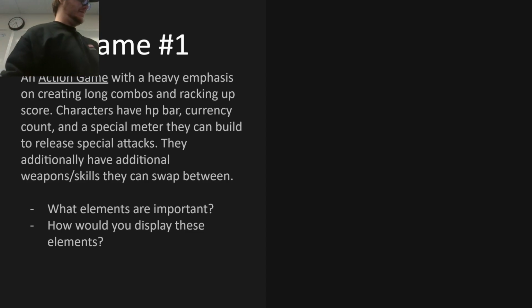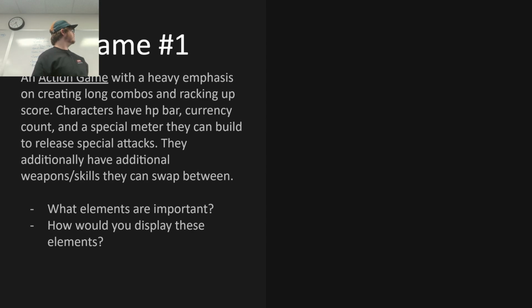Okay, so I'm just gonna start from the top. So again, you have the health meter at the top left, and it's relatively large. We also have the special meter, and I'm not exactly sure of the mechanics here because I'm pretty sure I know the game this is from, but I have not actually played it. So I'm sort of guessing that you spend a certain amount to do a move or something.